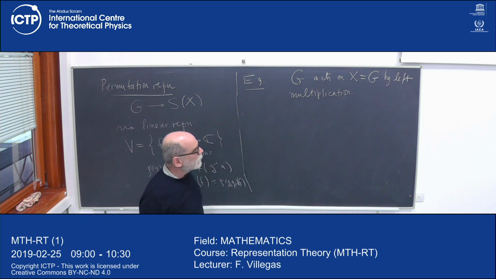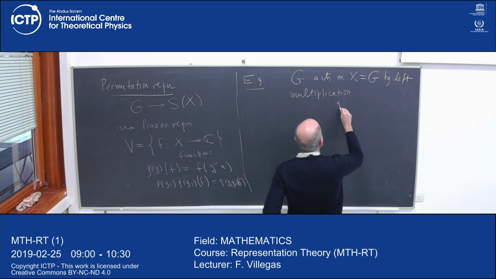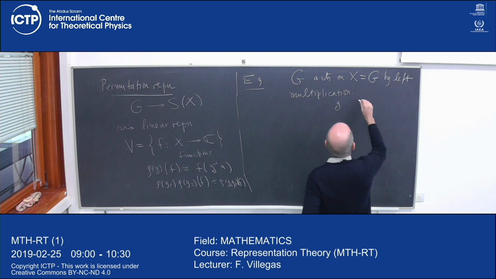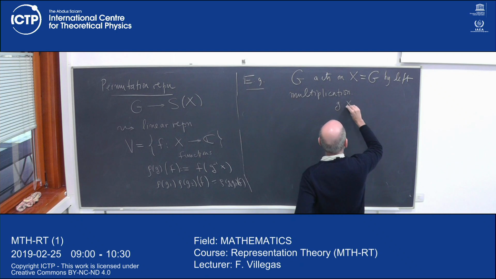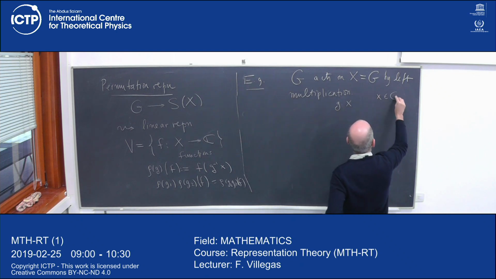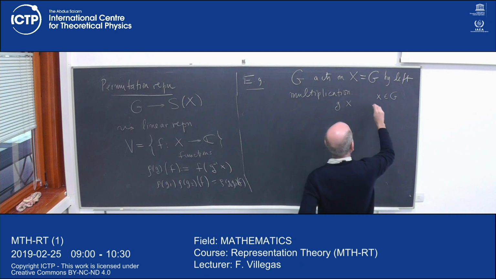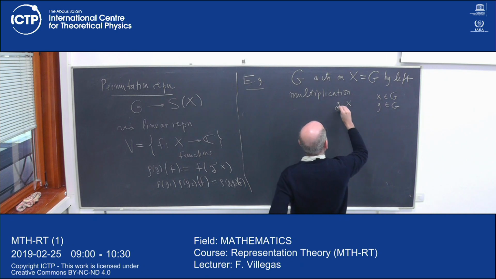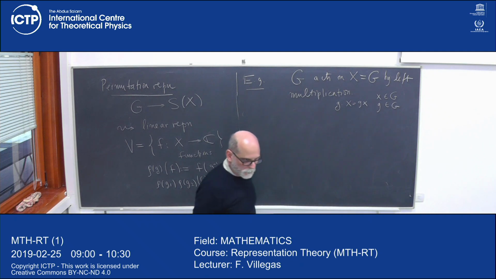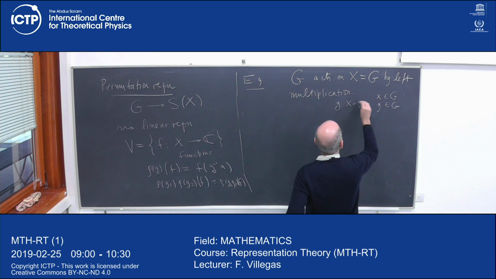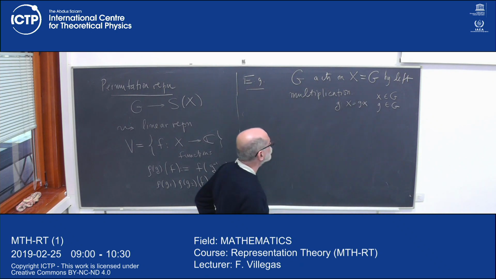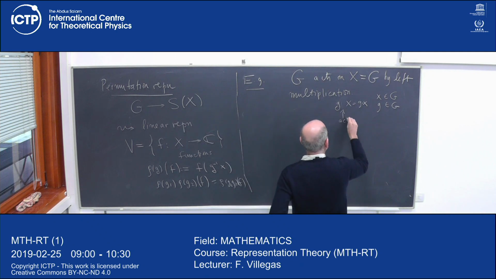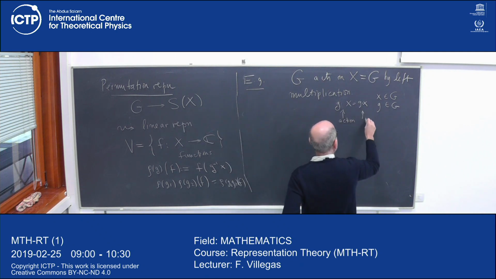If you have an element g of G, and now we have to use different notations, so let's write x. So x is in G, but I think of it as an element of my set X, and g is in G, and I think of it as a group element. g acting on x is gx, the product of g with x. So this is the action. This is the product in the group.